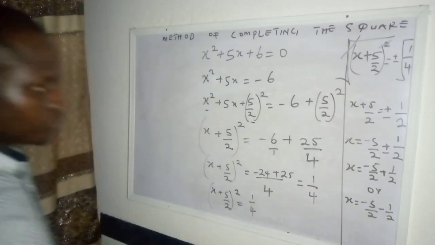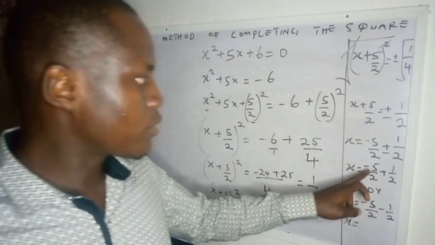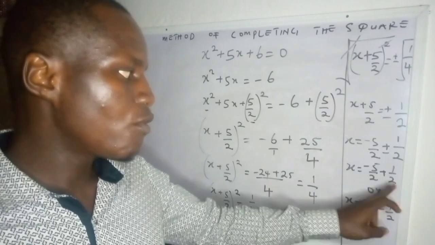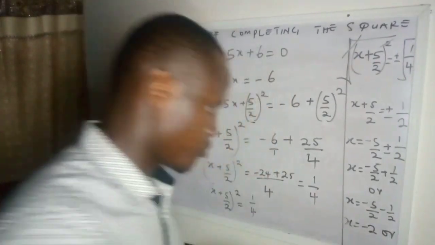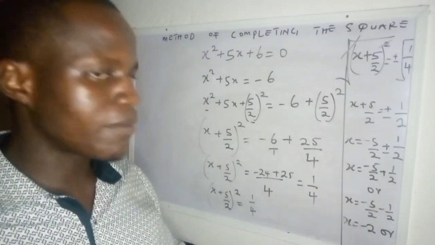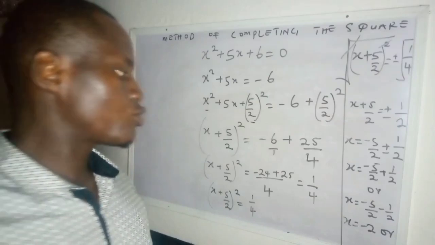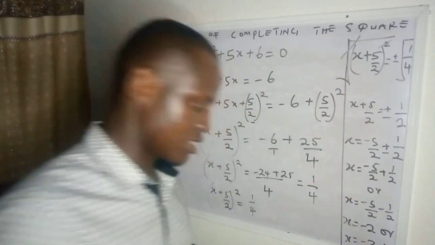If we evaluate this, minus 5 plus 1 is minus 4, 4 over 2 is minus 2, or if you evaluate this, minus 5 minus 1 is minus 6, 6 over 2 is minus 3. So that is the answer.